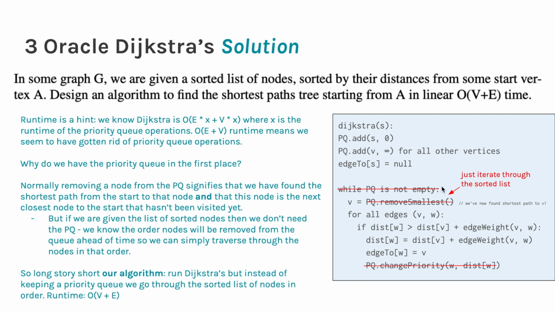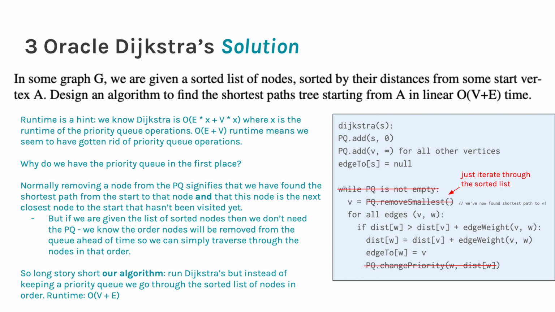So instead of while priority queue is not empty, remove the smallest, you just go through the sorted list, because you know that sorted list is the order in which you would have removed the smallest elements from the priority queue.